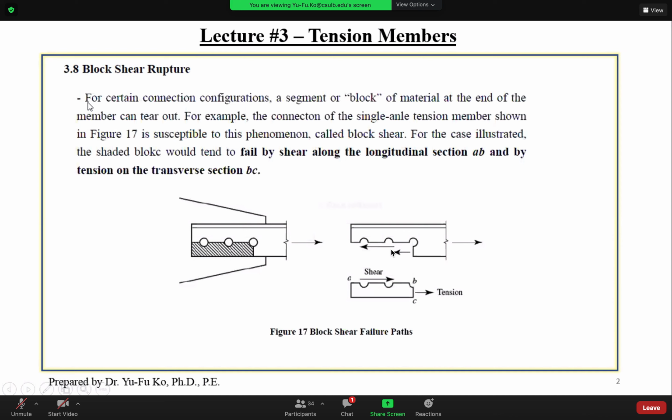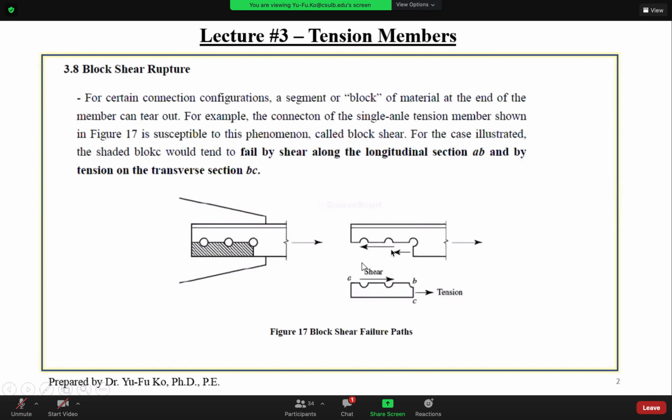So, block shear rupture. For a certain connection configuration, a segment or block of material at the end of a member can tear out. For example, the connection of the single angle tension member shown in figure 17 is susceptible to this phenomenon called block shear.